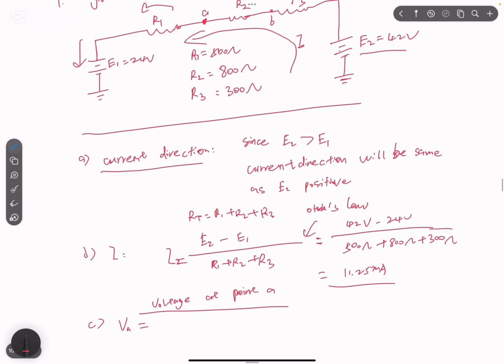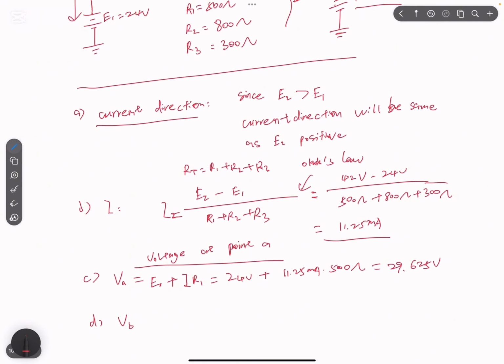So VA will be E1 plus I times R1. That will be 24 volts plus 11.25 milliamps times 500 ohms. That will give us 29.625 volts.